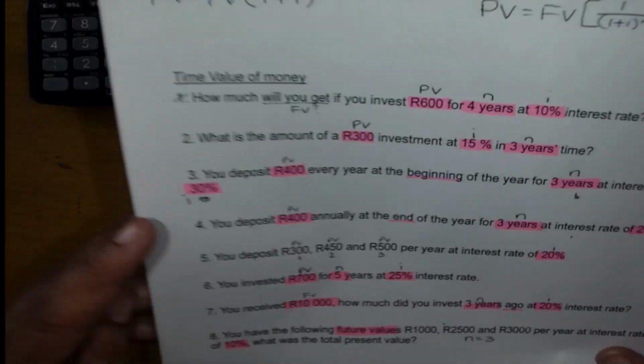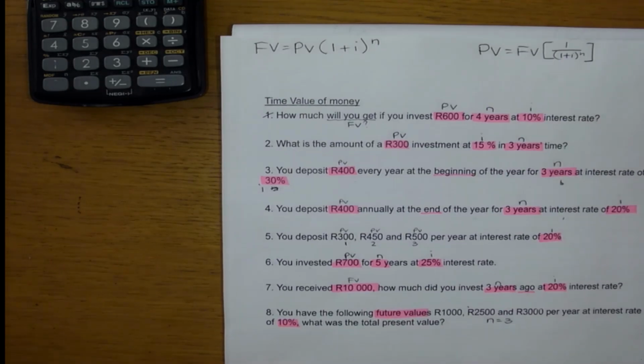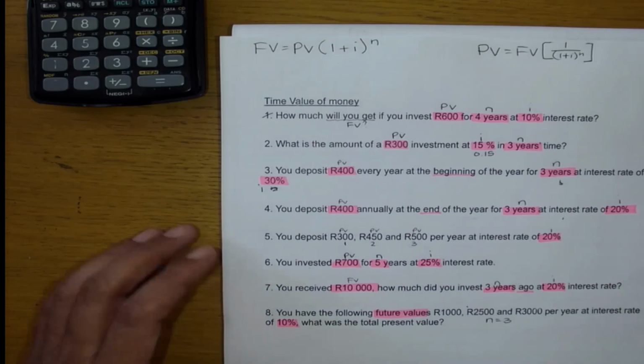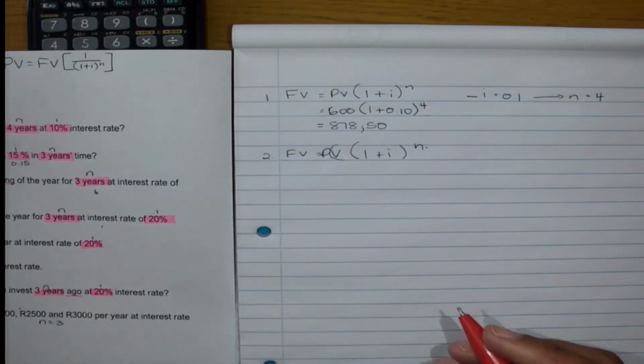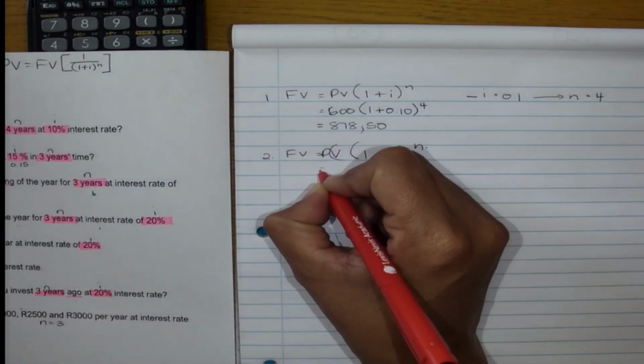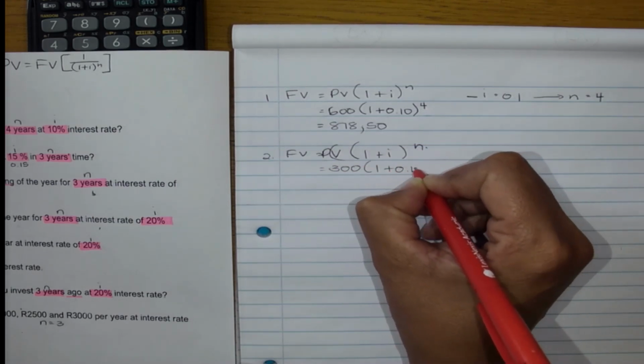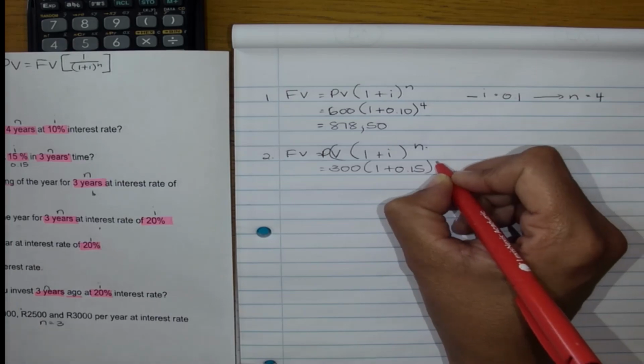What is our interest? We're going to convert it. So this will be 0.15 and our N is 3. Our PV is 300. So we're going to say it's equal to 300, open bracket, 1 plus 0.15, to the power 3.